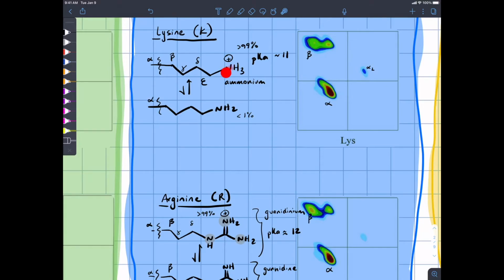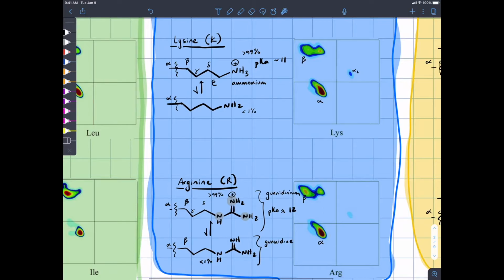And then you've got the amino group, which the ammonium conjugate acid has a pKa of 11, so 99% of the time this lysine is positively charged, and that's important in a lot of different situations for ion pairing. Lysine's quite happy in helices, a little less so with sheets. Lysine is the first one we've seen that has a substantial amount of left-handed alpha conformation.